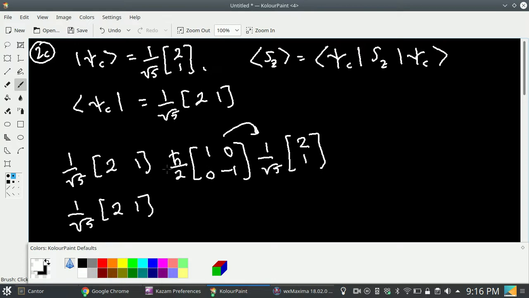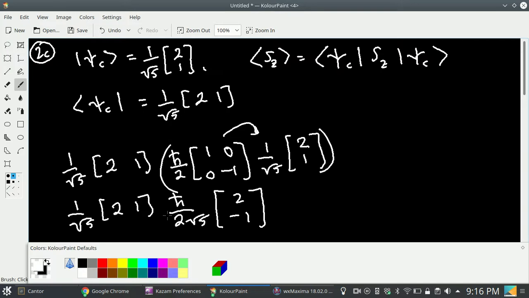It doesn't operate to the left, usually. Now I'll move this constant over there, and do this multiplication here. I'm going to get a column vector. It's going to be 1 times 2 is 2, and then this is negative 1 times 1. So this is negative 1.